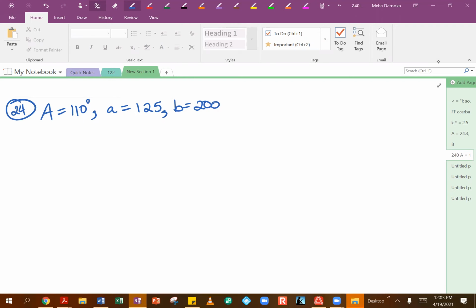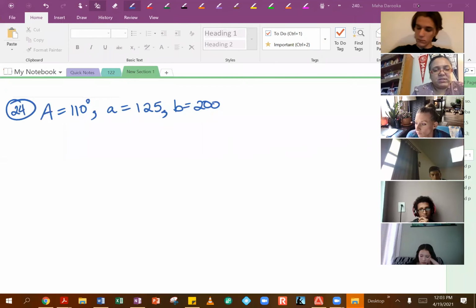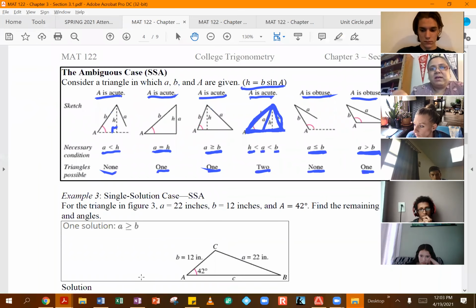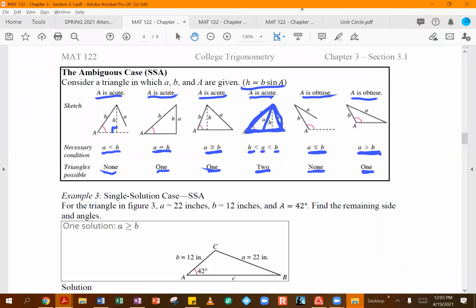So let's take a look at the conditions that we have in our little box over here. Angle A is an obtuse angle, so we're looking at these last two cases.